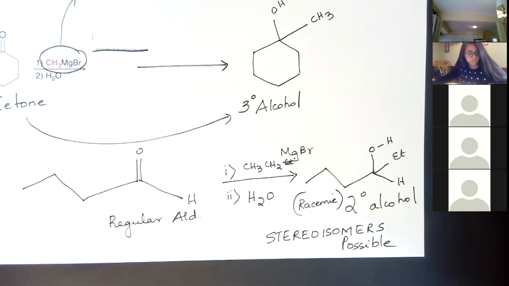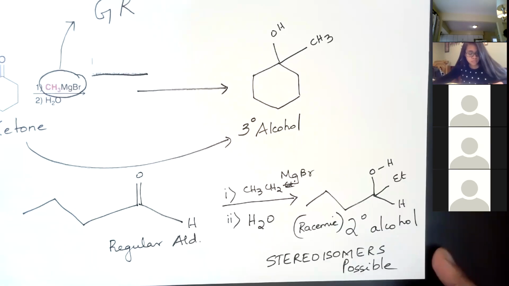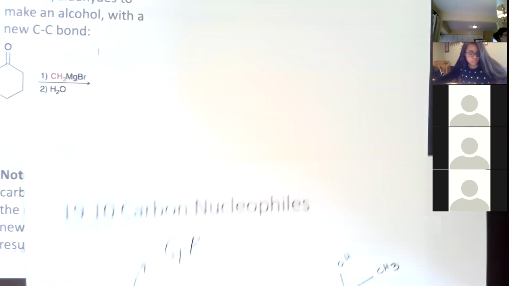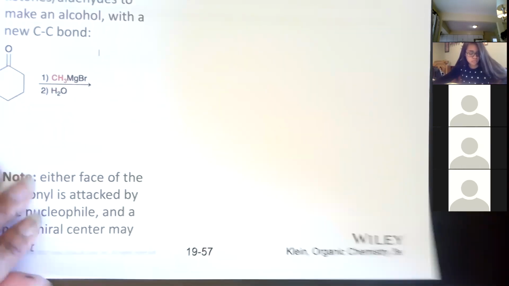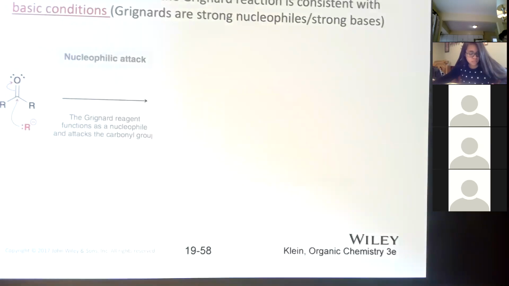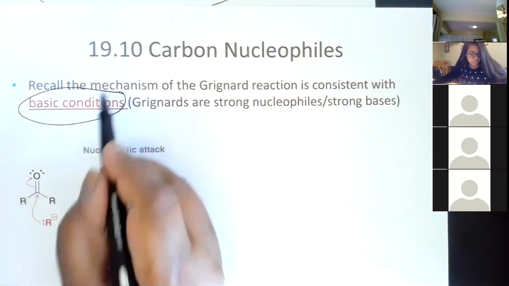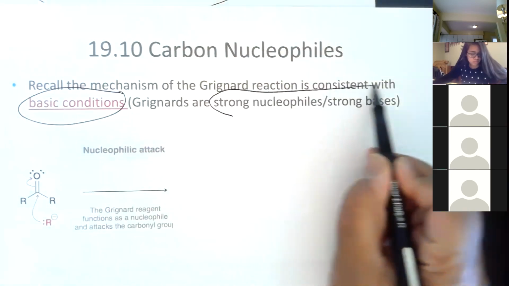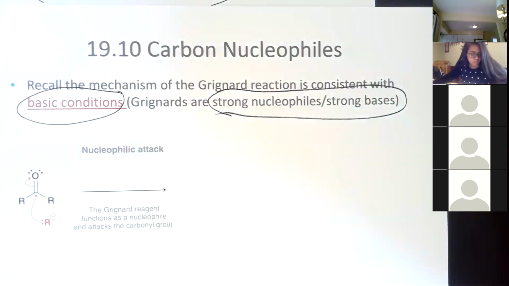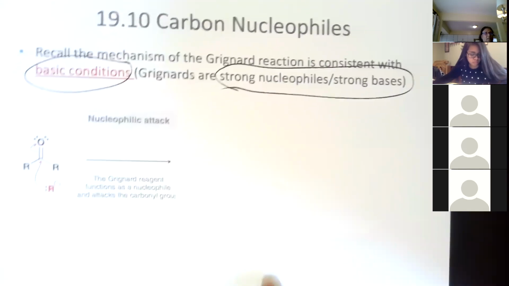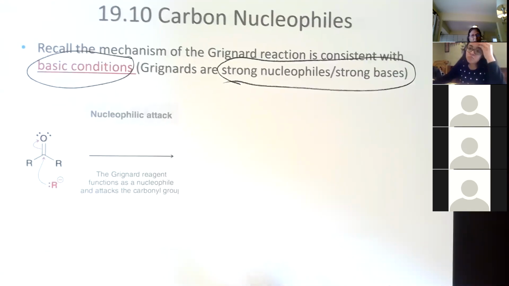We're going to look at two easy mechanisms. We've already seen the one with the Grignard reagent. Remember again, basic conditions. We have strong nucleophiles. No acid should be present, otherwise it will ruin the reaction.